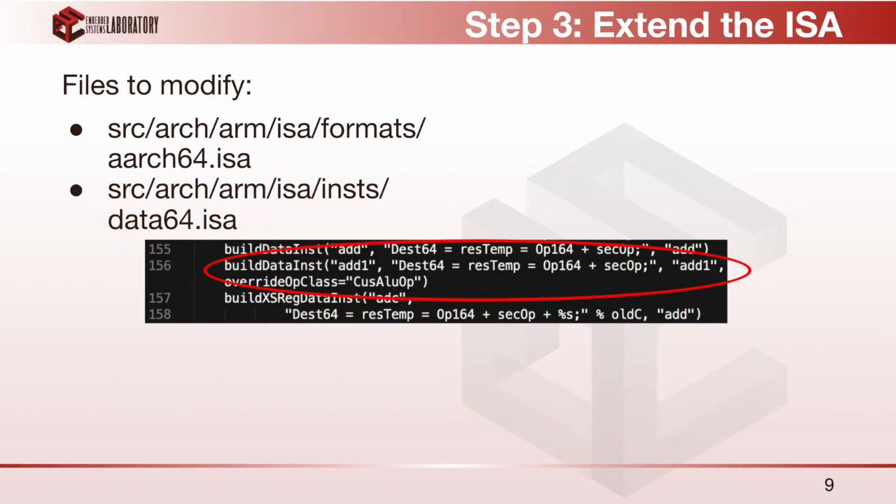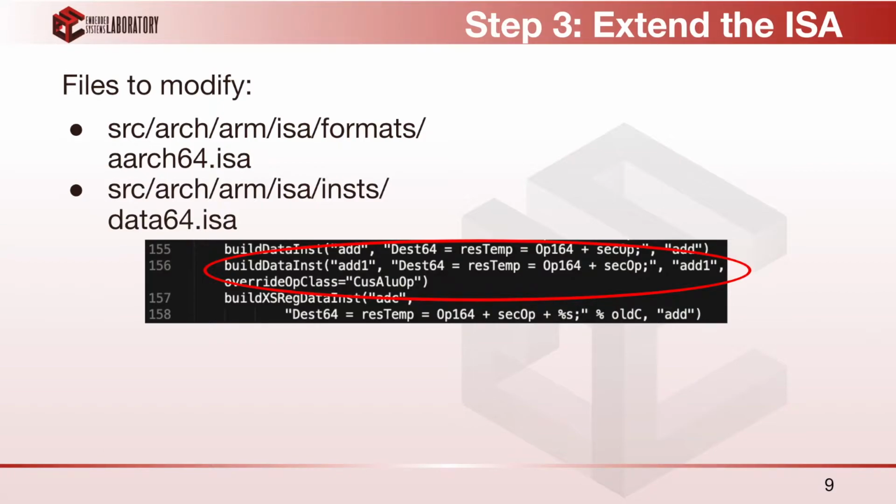Note that if you wanted to use, say, a multiple register argument instruction format, there's another helper function called build.dataxreginst for that. This same file, data64.isa, actually has numerous examples of the various helper functions you could use to extend your ISA in many different ways. But anyway, as you can see, this is where we add our instruction functionality, as well as the instruction mnemonic and the op class that we had from before.